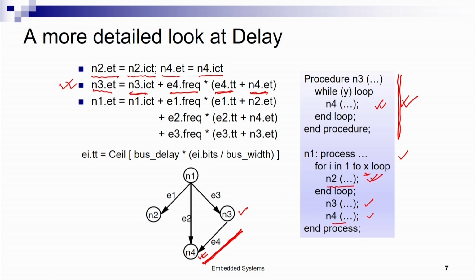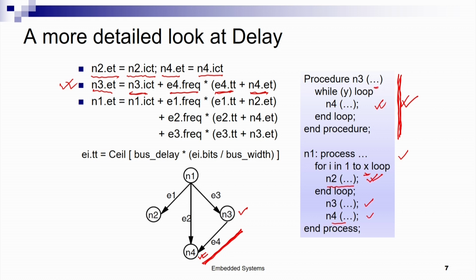Because the overall execution time of N3 is equal to the internal computation time of N3 plus the time that is spent executing N4, plus the time that is spent sending input data from N3 to N4.